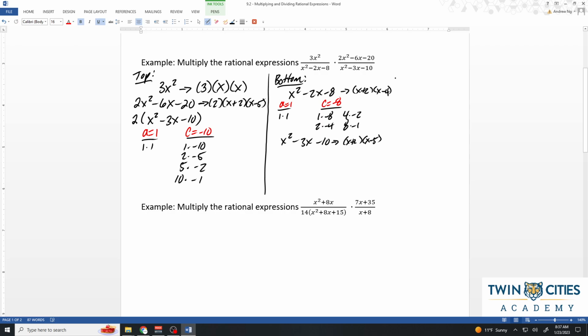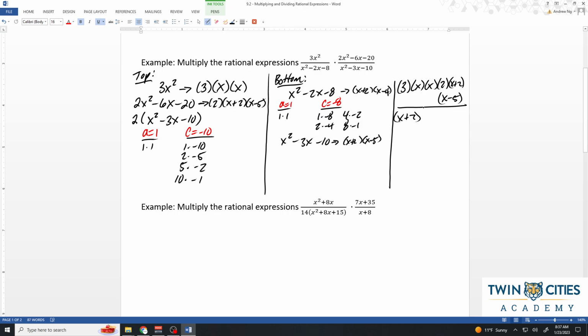Now what you're going to do with all of this is write the top parts all in one line and the bottom parts all in one line. So that's going to make 3, x, x, and then 2, x plus 2, and x minus 5, all over x plus 2.